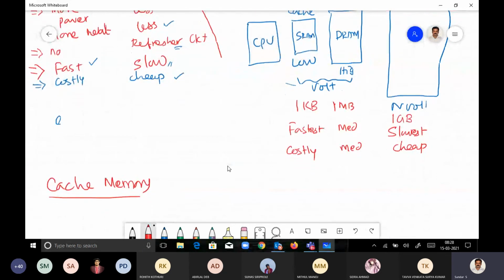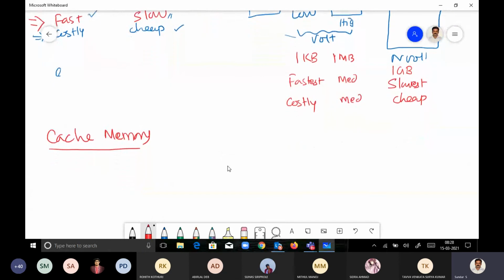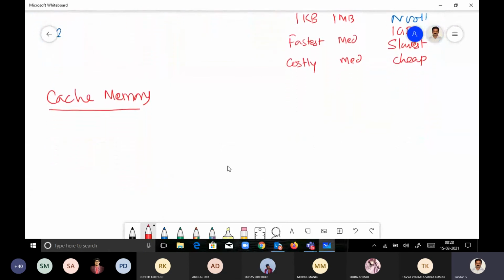To understand it in simple terms, let us take one example. Let us take a cache of 5 locations: 0, 1, 2, 3, 4. Then the main memory, which will usually be larger than the cache memory.